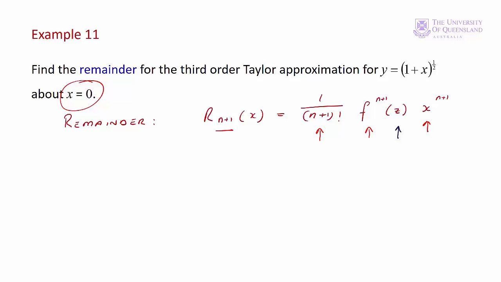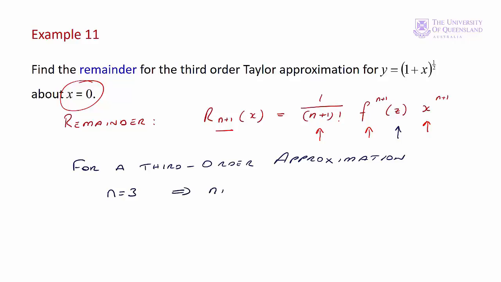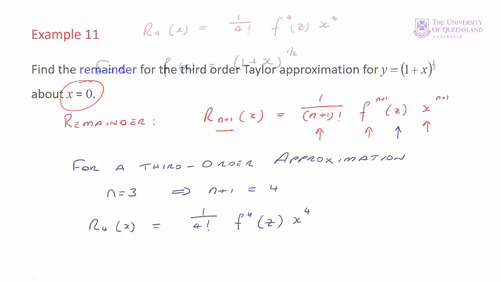Let's look at how we determine z and say the maximum error for the third order approximation. For a third order approximation, n is equal to 3, so of course n plus 1 is equal to 4. The remainder then, R4 of x, is equal to 1 on 4 factorial times the fourth derivative of f evaluated at z times x to the 4.